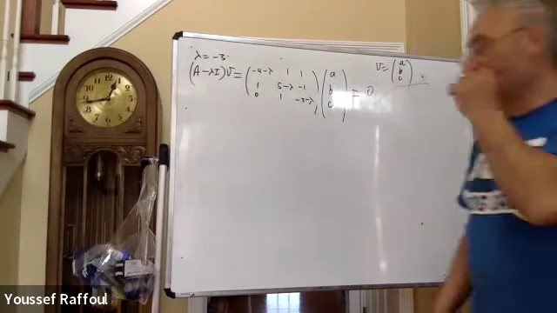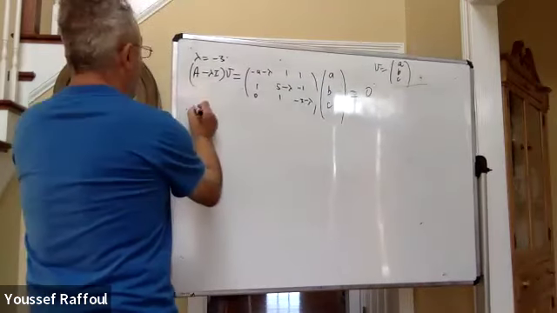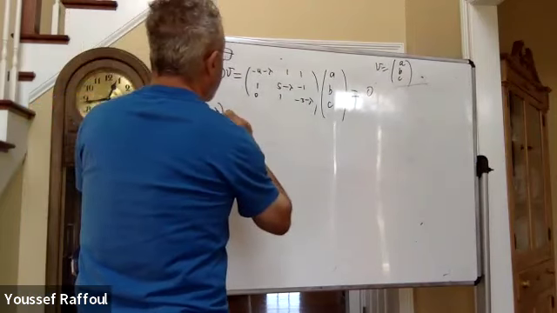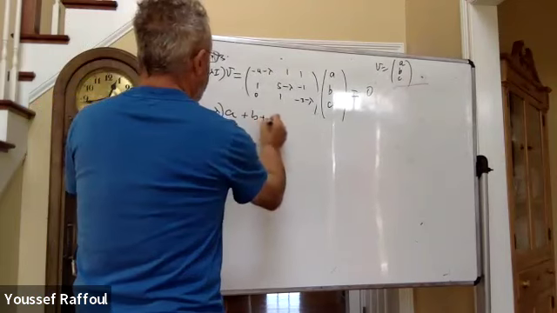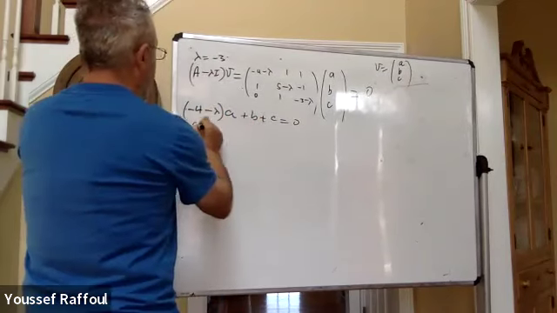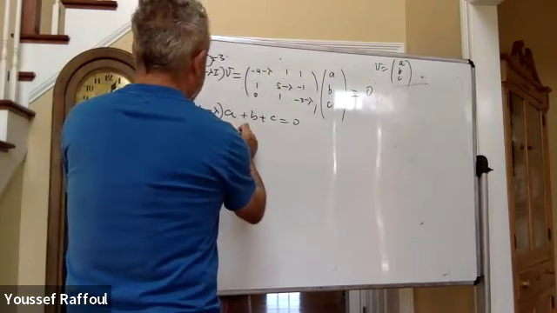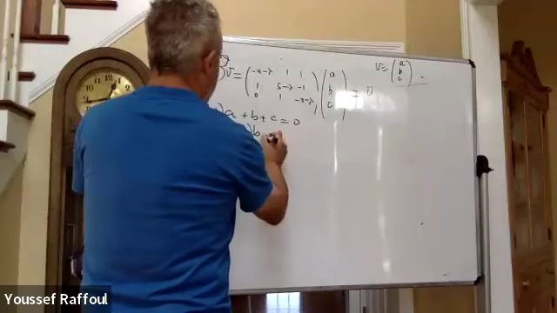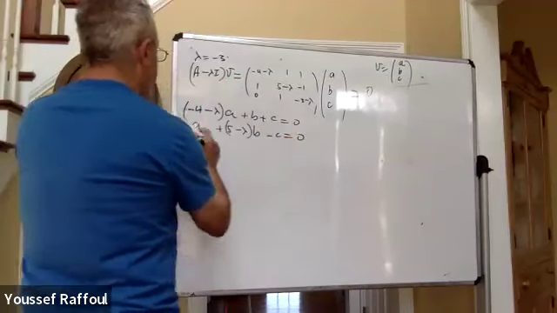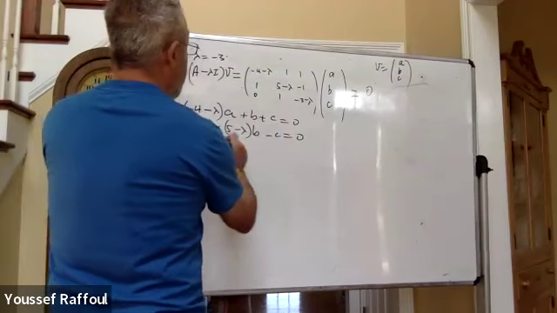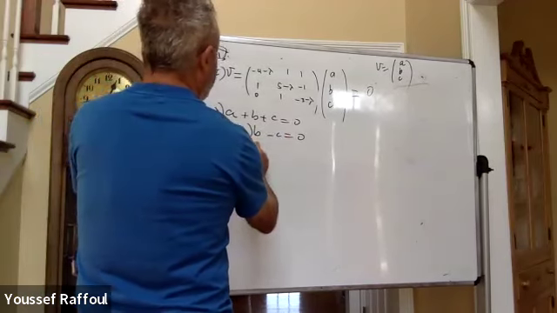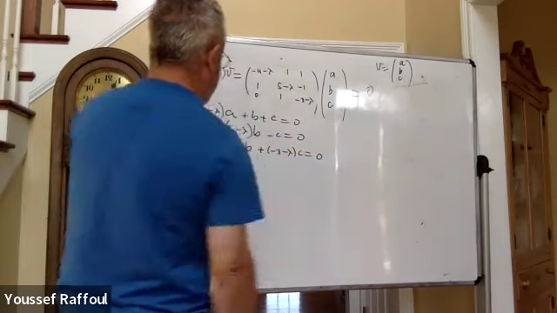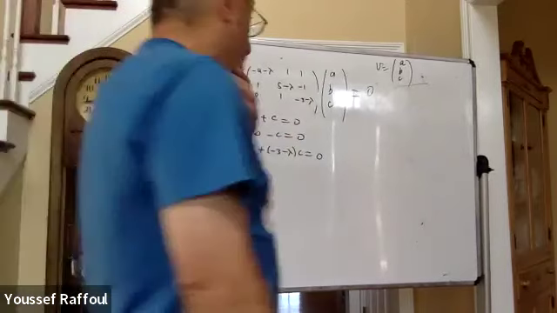So I'm gonna have (-4 - lambda)A + B + C = 0, A + (5 - lambda)B - C = 0, and 0A + B + (-3 - lambda)C = 0.